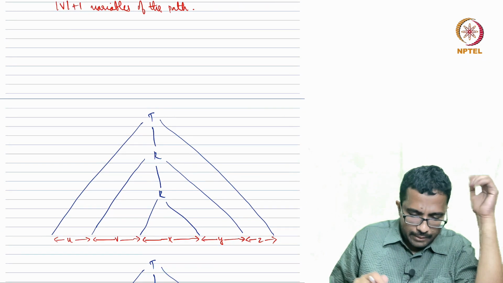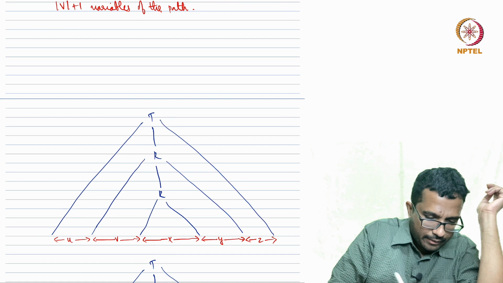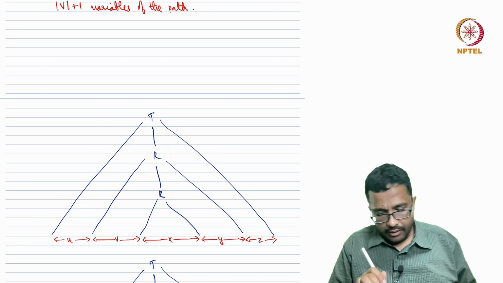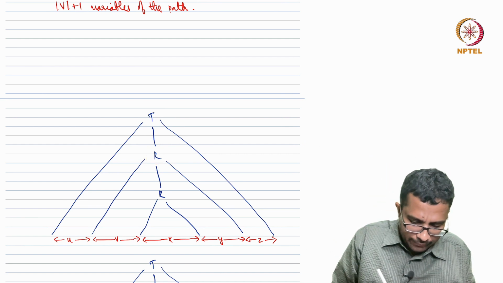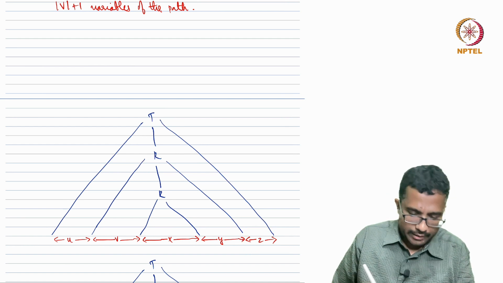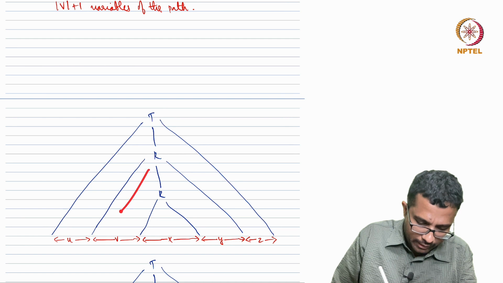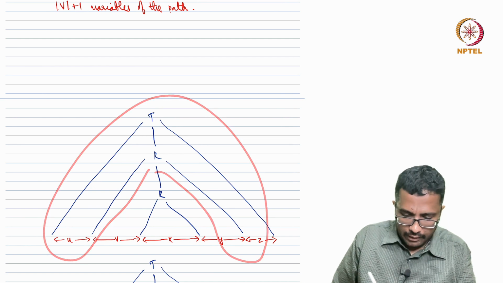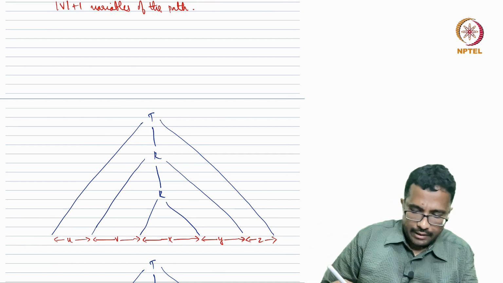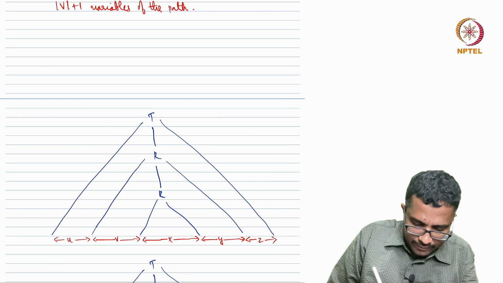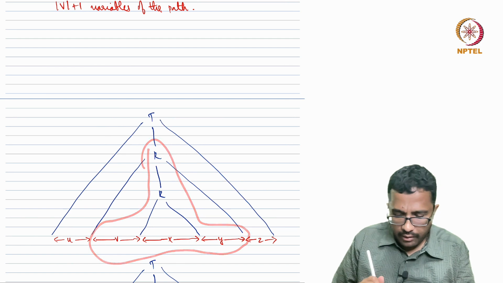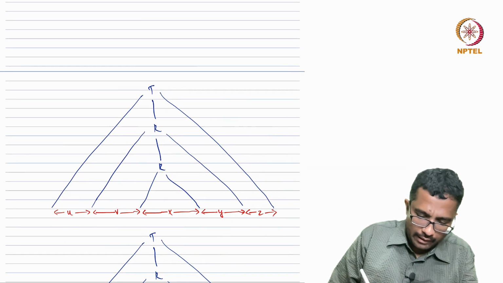So this is the picture that we have. We have the starting variable t here. At some point r is derived. When r is derived, the part to the left of r is u, and the part to the right of r is z. So if you look at the derivation till this part, t gives u, r and z. But we know r derives itself again, and let's say this r derives v r y.